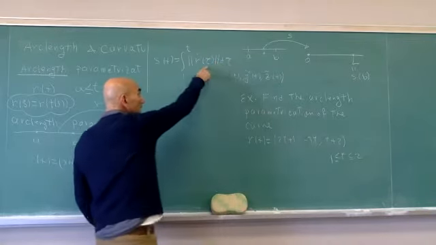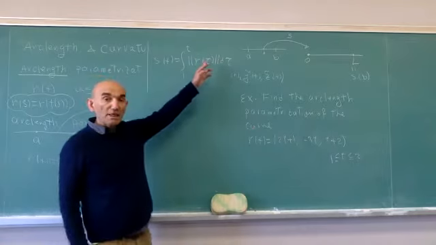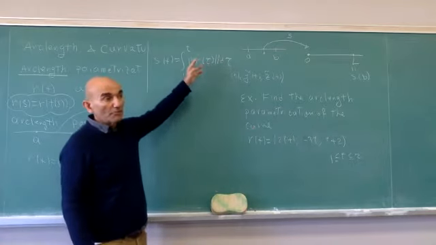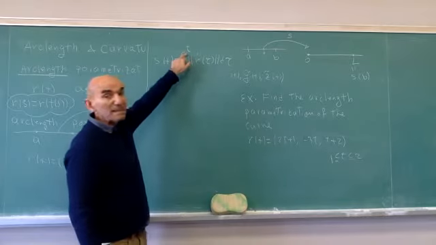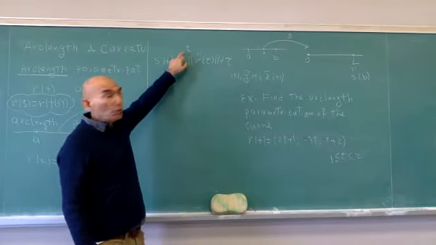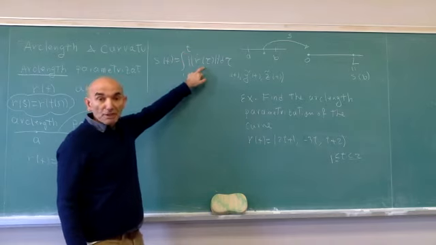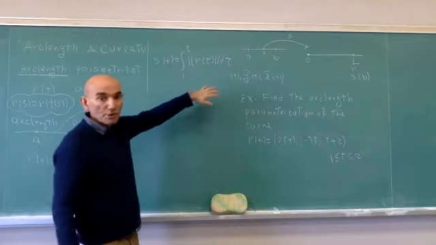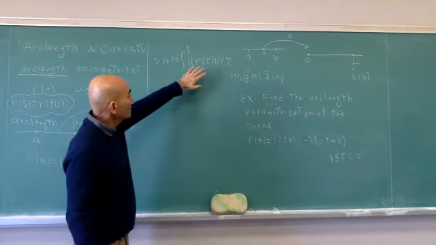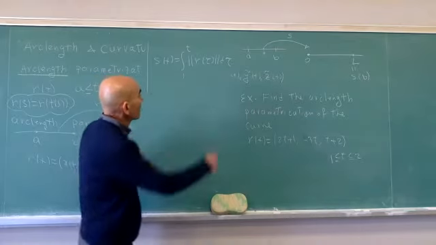Don't write t here, because if you write t here, it means that we don't know the meaning of integration notation. This t is in the upper limit, so it should not be mixed with the variable of integration. That's important, so we have to separate the two things. This is tau, this is t. They are different.